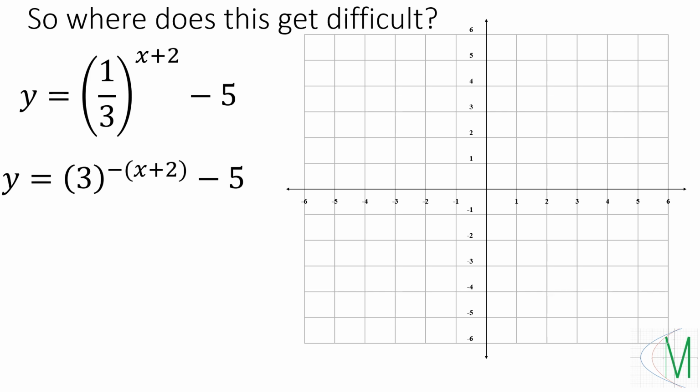I can start this off either way, doesn't matter. I know because I have this 3 here, that means it's going to be a little steeper than 2 to the x. That negative in front of the exponent means I'm going to flip it over the y-axis. This plus 2 means I'm going to move it to the left 2. And then that minus 5 means I'm going to drop it down 5.